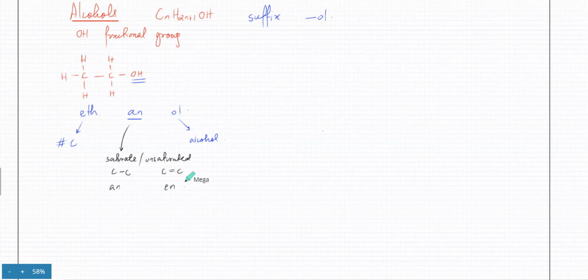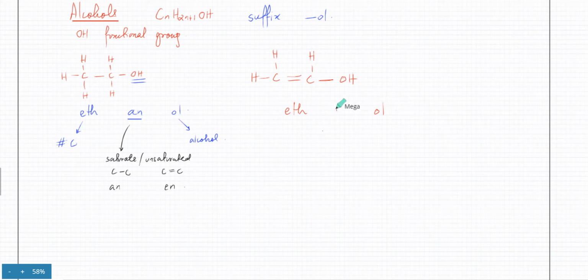So this one is clearly ethanol because it's saturated. But if you had a similar molecule where there was a double bond between the carbon atoms, again it's two carbon atoms, that's eth. There's an alcohol, that's OH, that's ol.